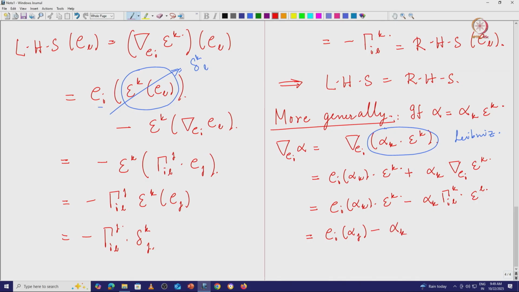So I'm just changing the indices around. So this quantity here I denote by this. So this is the jth component of this covariant derivative.